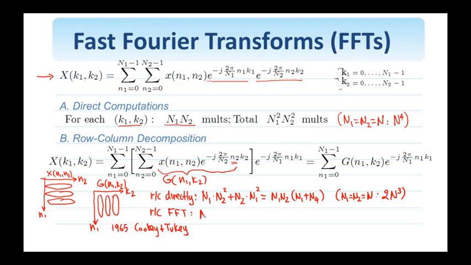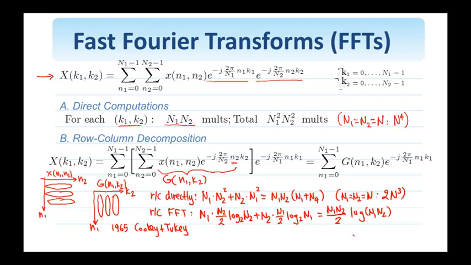So using one of those FFTs, I can compute an n1 point one-dimensional DFT by using n2 over 2 log 2 n2 multiplications, and then for computing the n1 point DFTs I need n1 over 2 log n1, and this is clearly equal to n2 over 2 log n1 and 2.